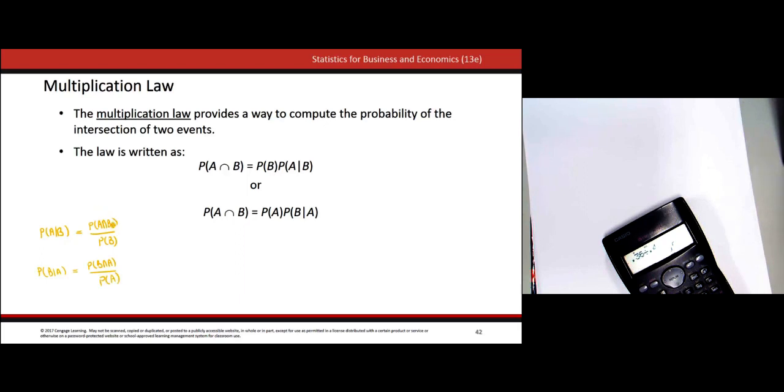So if we know A intersect B, if we know A given B and probability of B, how do you calculate A intersect B?